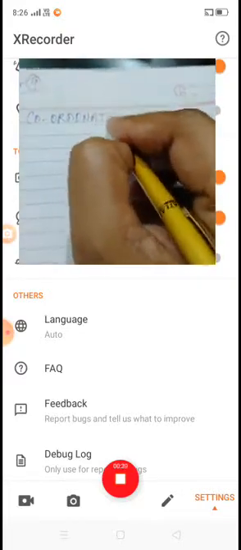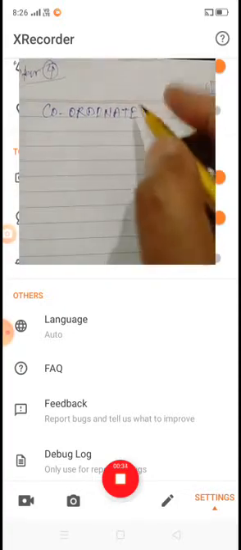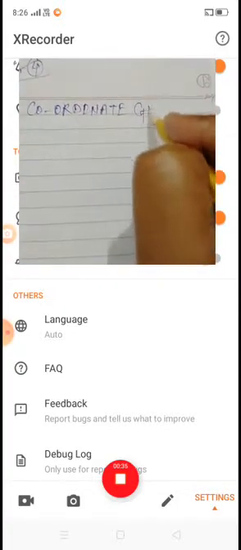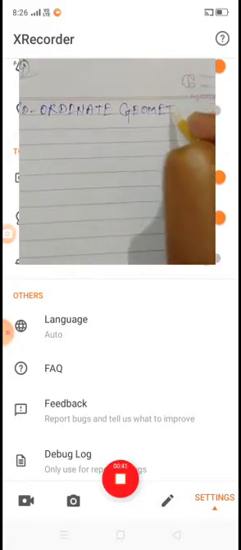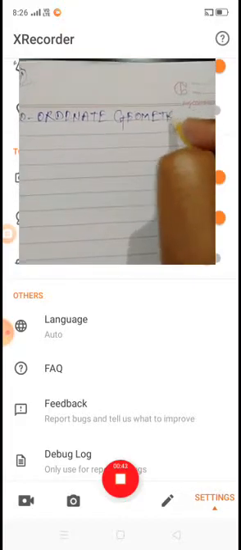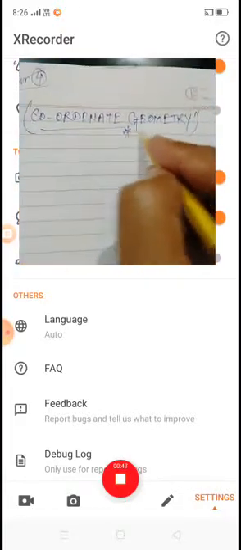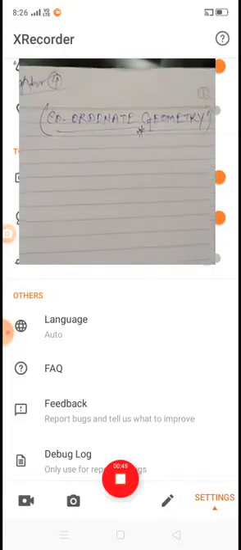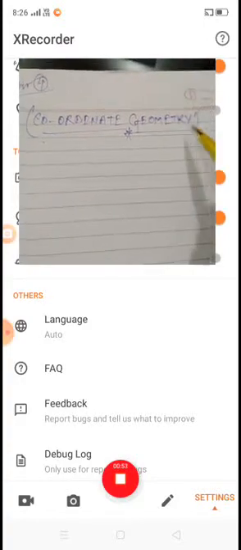Today we start the new chapter, coordinate geometry.